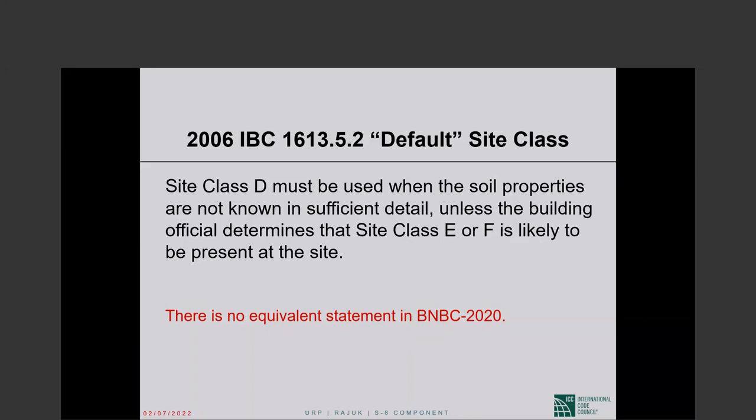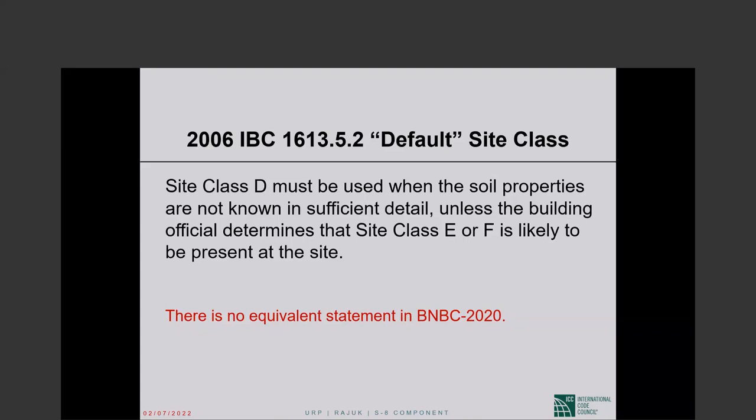AC7 makes it very clear that there is no clear equivalence among these properties, that if based on shear wave velocity, a site turns out to be C, based on standard penetration resistance, the same site may turn out to be D. There is no equivalence.